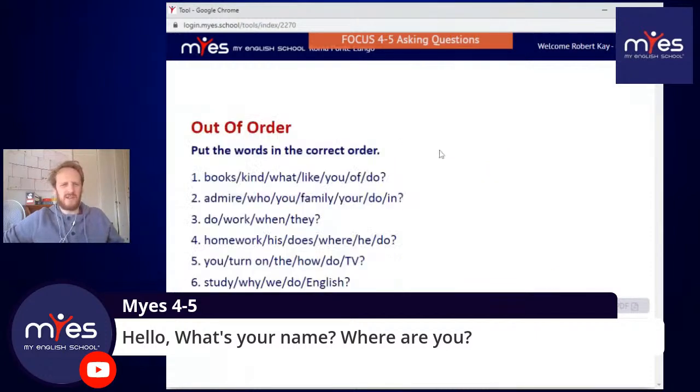Okay, so we're going to start with these sentences. These are some questions. I want you to look at the sentences and put them in the correct order. Can you use these words to make a question? I'll give you 1 minute just to look, and could you please write the answers to me? What do you think are the correct answers?